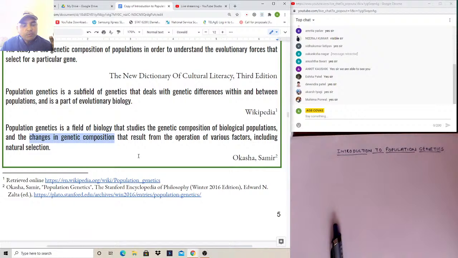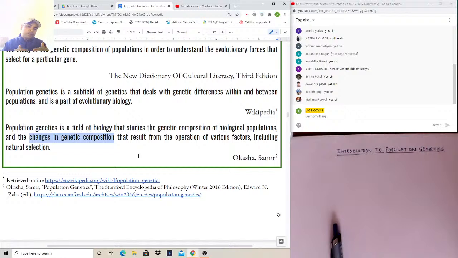So what we understood is that population genetics deals with the genetic composition of a population, and there are factors acting on it to change the genetic composition slowly over time, including the natural selection process. This is a subfield of genetics, which is also a part of evolutionary biology.